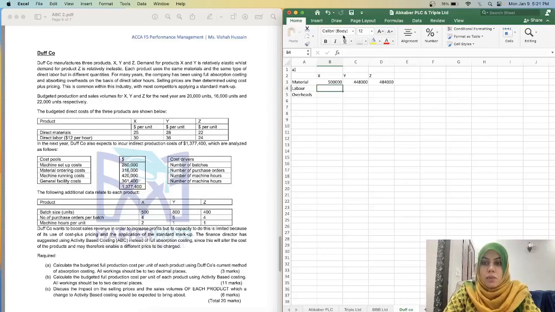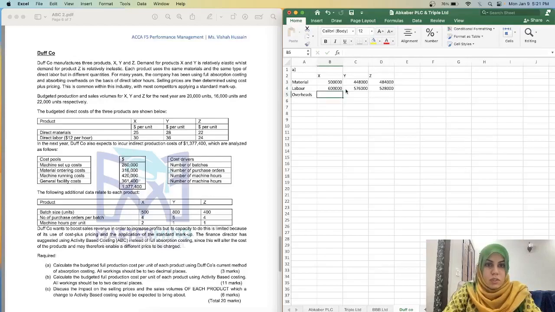So simply multiply that by the number of units. So 30 into 20,000. Then comes 36 into 16,000, and then comes 24 into 22,000.